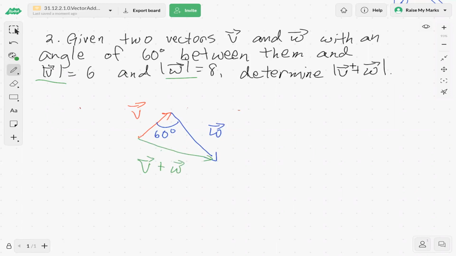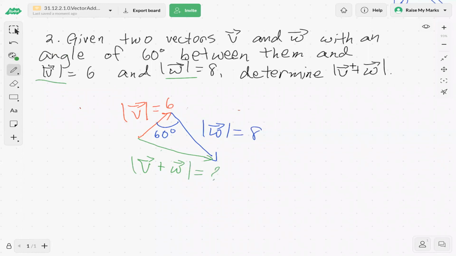So we know the magnitude of v, we know the length of that side of the triangle. Notice we have a triangle now, and we know one of the angles and two of the side lengths. So all we need is this third side length.